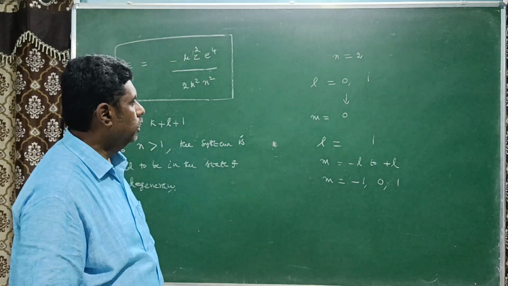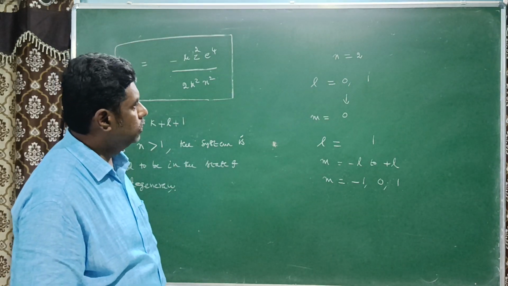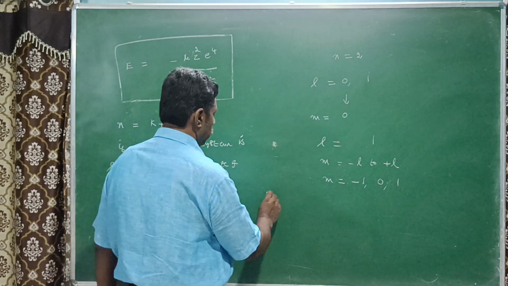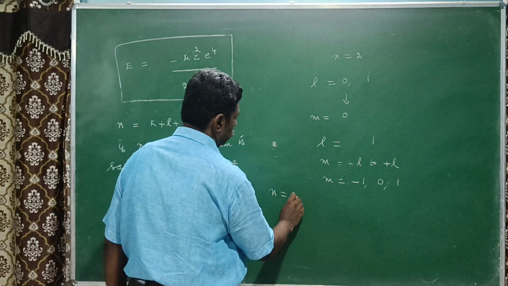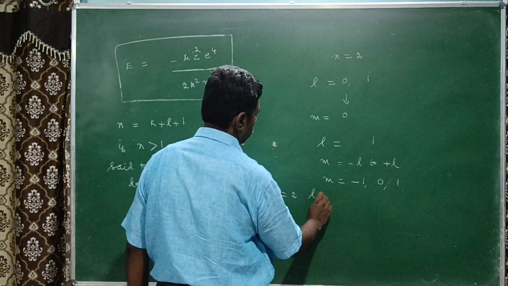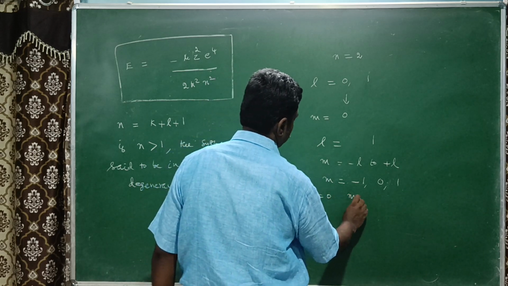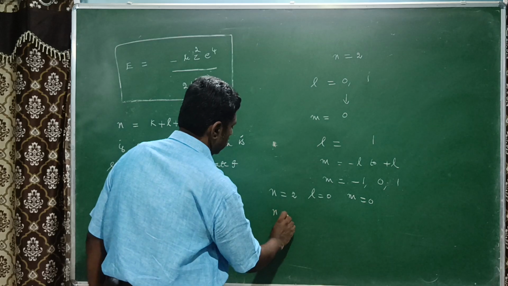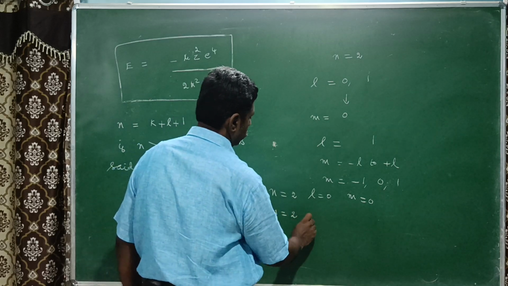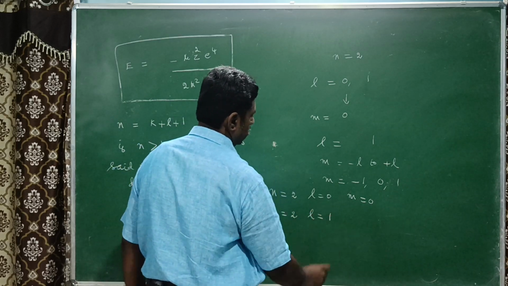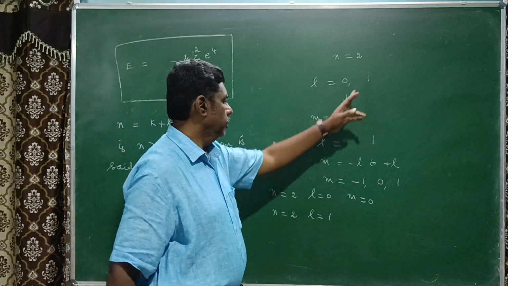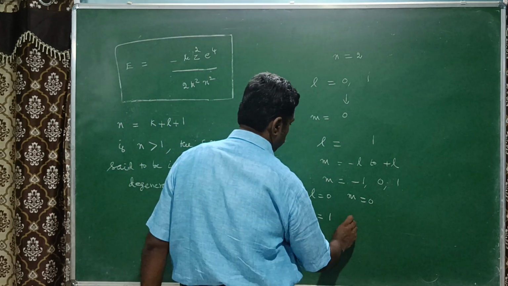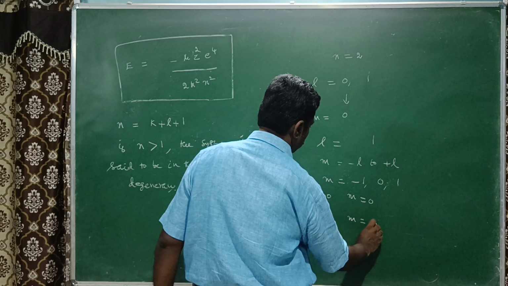So that we can have four combinations. n equal to 2, L equal to 0, m equal to 0. This is one combination. n equal to 2, then next possibility, L equal to 1, then m equal to minus 1.